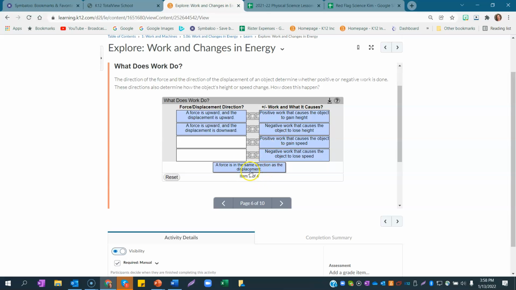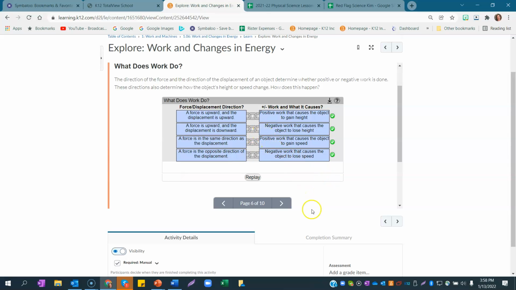And then a force in the same direction as the displacement. Think about that, it's in the same direction as the displacement. So if it's going in the same direction, it's going to gain speed. But if it's going in the opposite direction, like the baseball being caught, it's going to lose speed. So now let's check those.